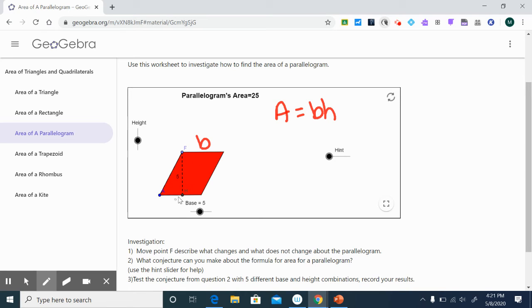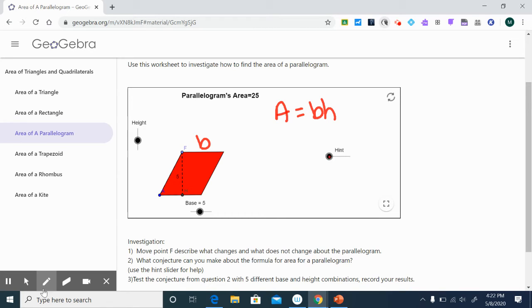So that's a base, and this also could be considered a base because remember your opposite sides in a parallelogram are congruent. But your diagonal sides here are not a base, because the height is dropped from letter F down to the other segment. So this is your height, and then one of those would be your base.